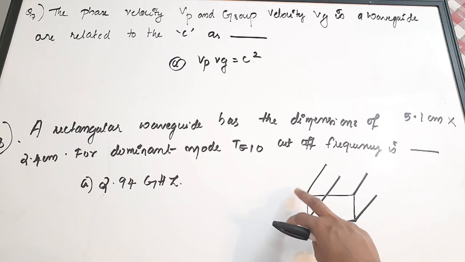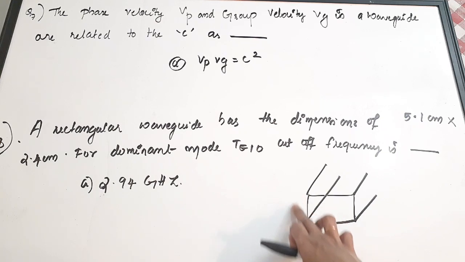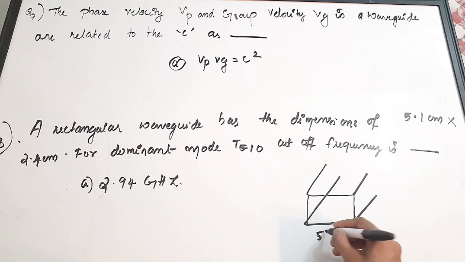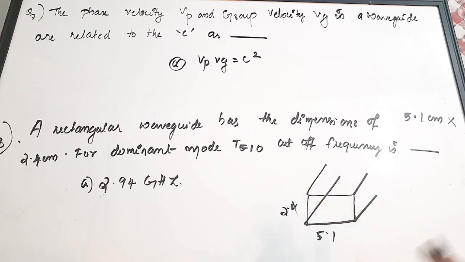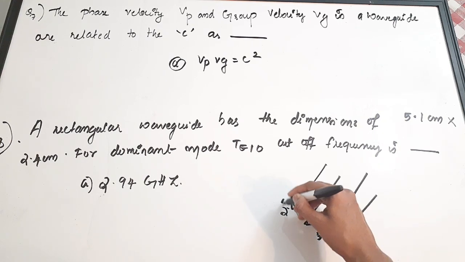Sorry, it is breadth and this is width. Anyway, if I'm confusing, just know that there is a wider dimension and a narrow one. So 5.1 cross 2.4 means this is 5.1 and this is 2.4. We have discussed these dimensions in detail in the beginning. This is called A and this is called B.